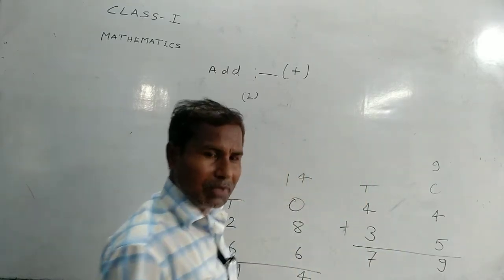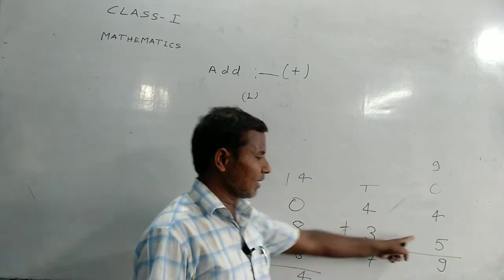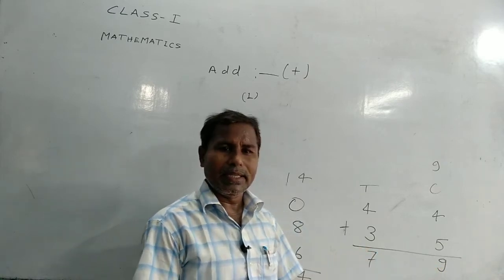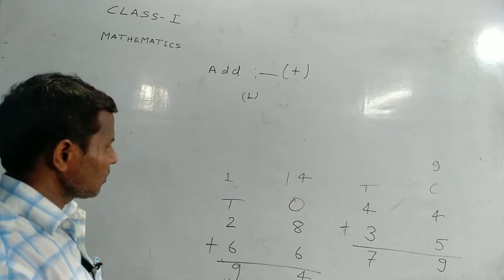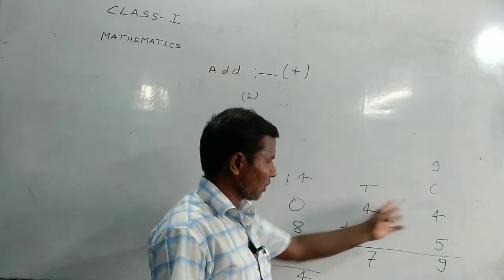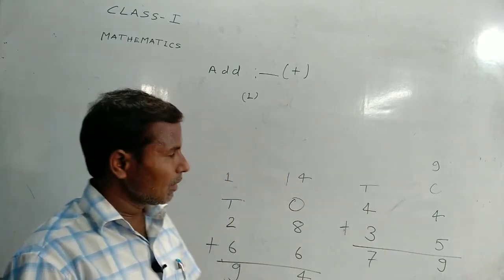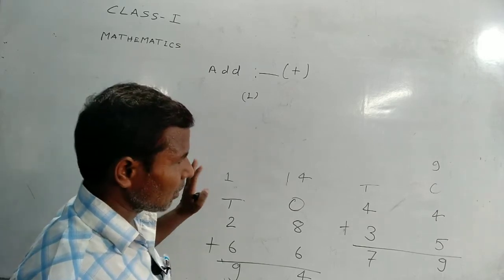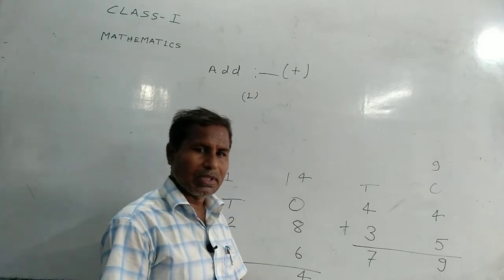Now the sum of 44 and 35 is 79. In this way, you can find out the sum of 44 and 35. And in this way, you also learn addition.